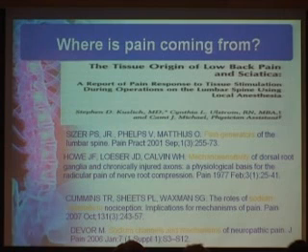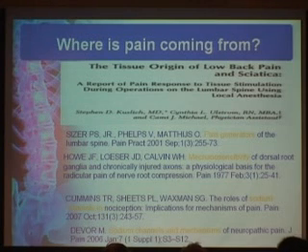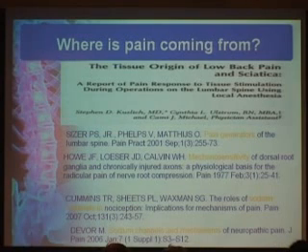The whole back is not involved. So we don't really have to cut many structures. We just concentrate on the foramen. Why? Because all the pain generators, as we call them, are situated in the foramen. They are not in the supraspinous, interspinous area, not in the interlaminar area as such. They are more in the foramen.